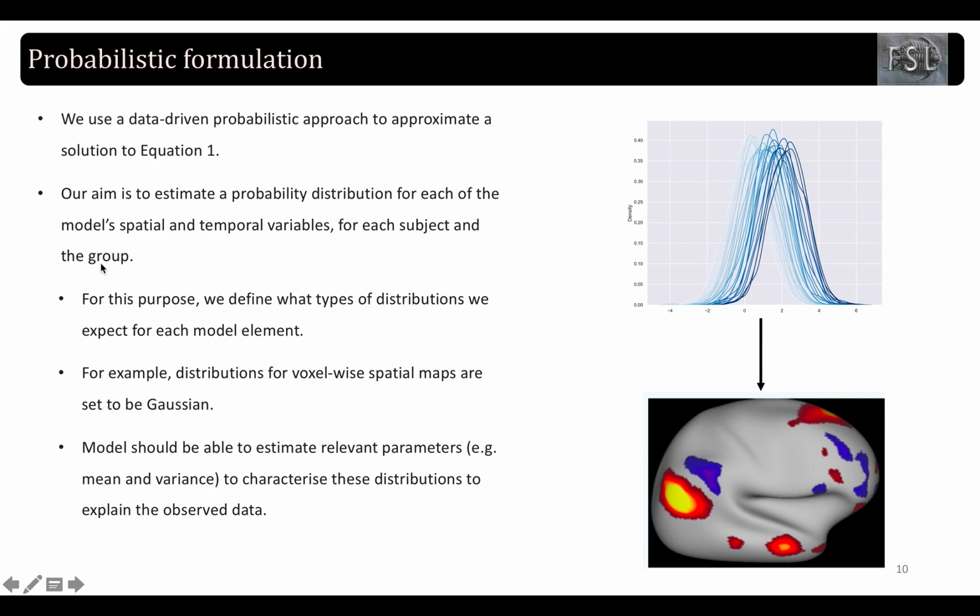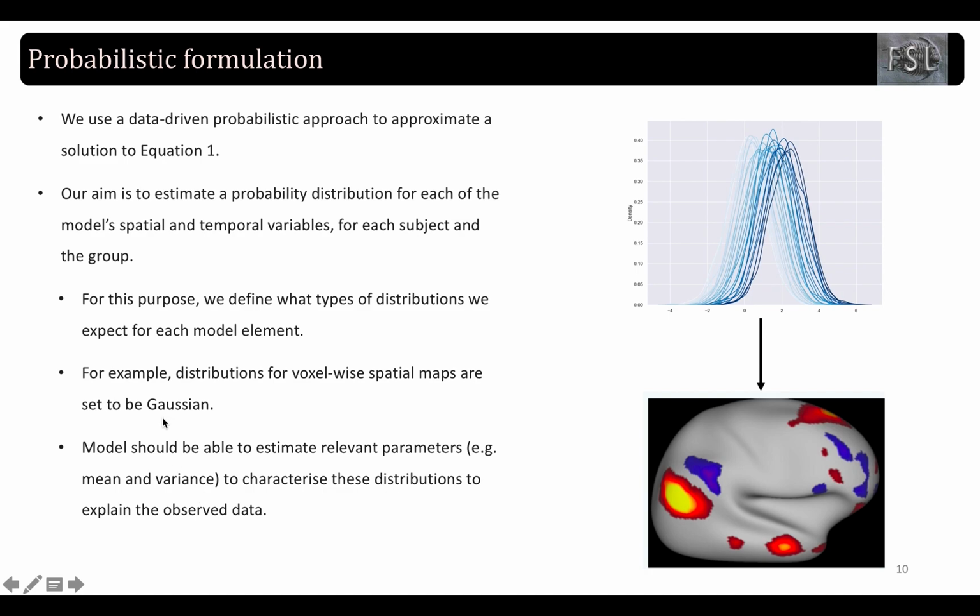For this purpose, we start by defining the type of distributions that we expect each of the model elements to have. For example, the spatial maps are said to be Gaussian. The idea is that for each voxel of each mode of each subject, we want to estimate a Gaussian distribution that can best explain our data. Once we define these distributions, the model's job is reduced to estimating the parameters that can describe these distributions.